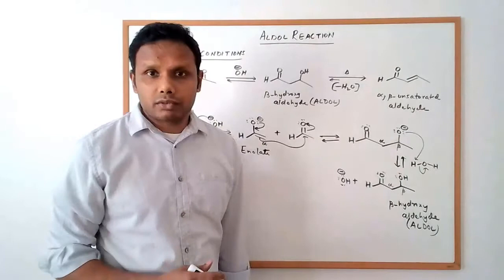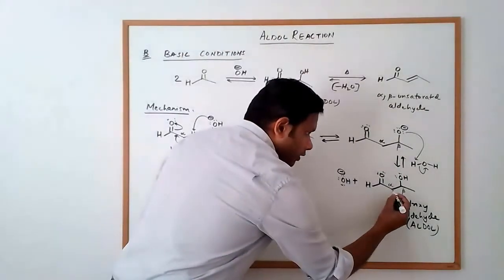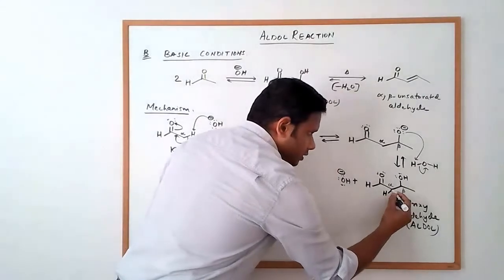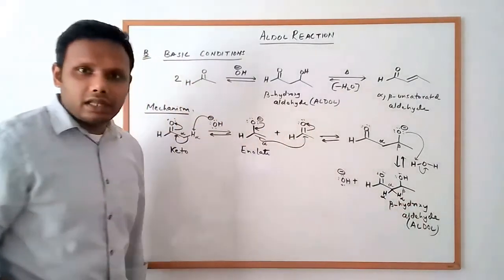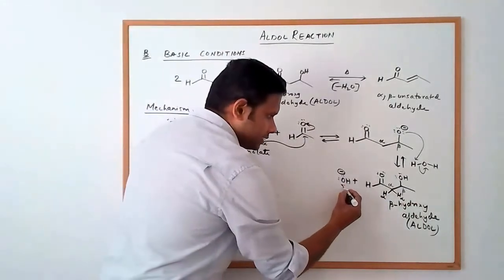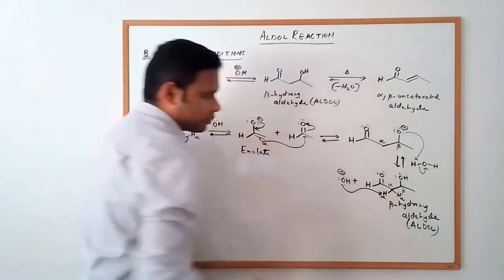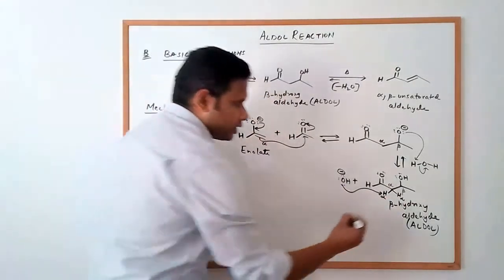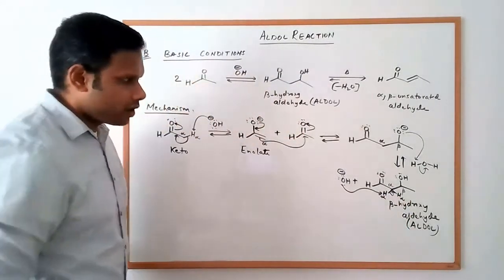What's another possibility for a hydrogen that can be deprotonated? It is one of these alpha hydrogens, because remember, we still have two alpha hydrogens left in this compound. So the base can deprotonate one of these alpha hydrogens, and the electrons from there go to that alpha carbon.